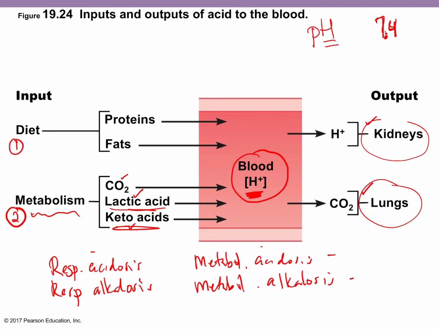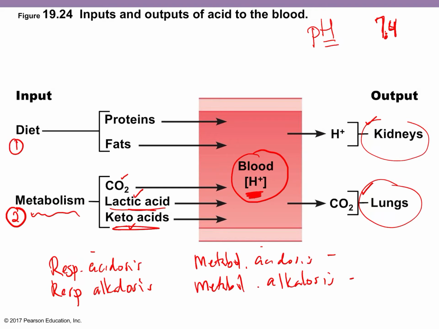And severe diarrhea will lose bicarbonate. So if you lose bicarbonate, you're not going to have that buffer, and the free acids that are there will increase. That is another metabolic acidosis. And then if your kidneys fail, right, they can't secrete the hydrogen ions, and then there you go, you're going to have acidosis.